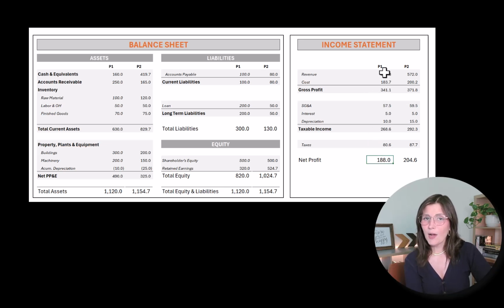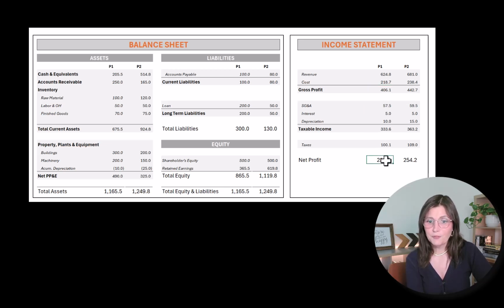So let's see what happens if we increase this revenue a little bit. Instead of 524, I would have 624. You see that my cost goes up a little bit, my gross profit goes up a little bit, and all the way down, I'll pay more taxes, and I'll end up with another net profit.